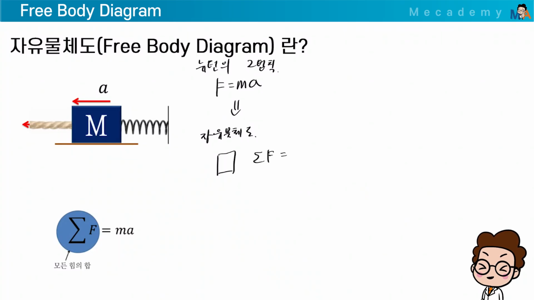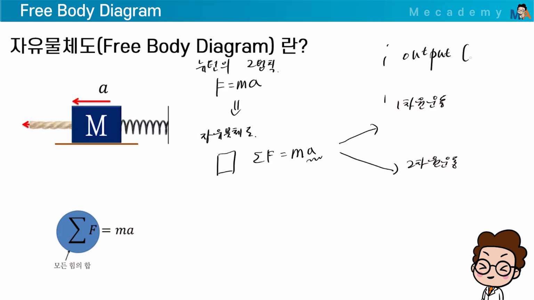We find sigma F, the net force. From the net force and F equals ma, we can find A. And once we have A, what can we do? We can draw our graphs. It could be one-dimensional motion or two-dimensional motion. What is this? This is the output. This is a reaction. The object is responding to the force. It shows a reaction.